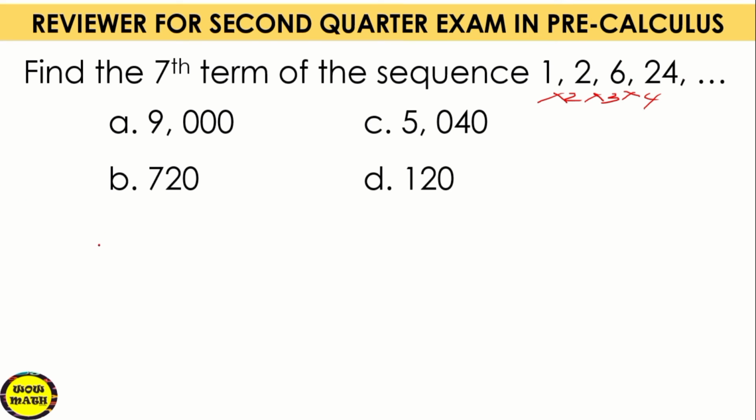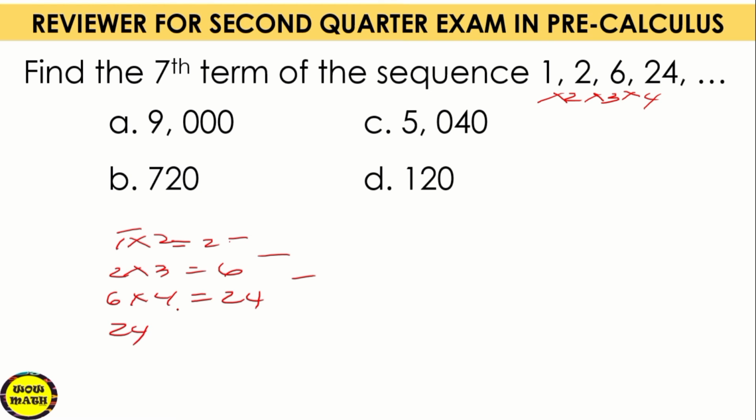So, check natin ha. Pinapakuha yung pang 7. So, 1 times 2 equals 2. This will be the first term. Next is 2 times 3 equals 6. 6 times 4 equals 24. Ito yung una, pangalawa, pangatlo, pang-apat. And then, 24 times 5. What is 24 times 5?